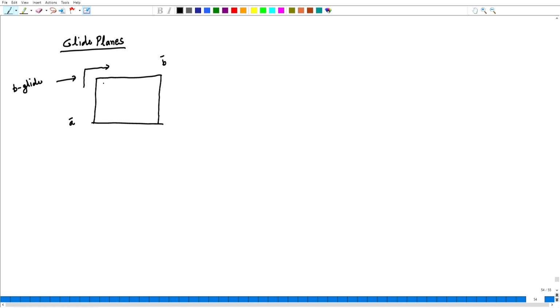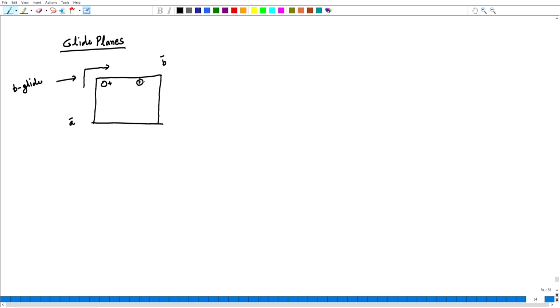If I put a motif at a point above the plane, the glide plane will reflect this motif below the AB plane, change the handedness, and then translate by B by 2 to bring it here.